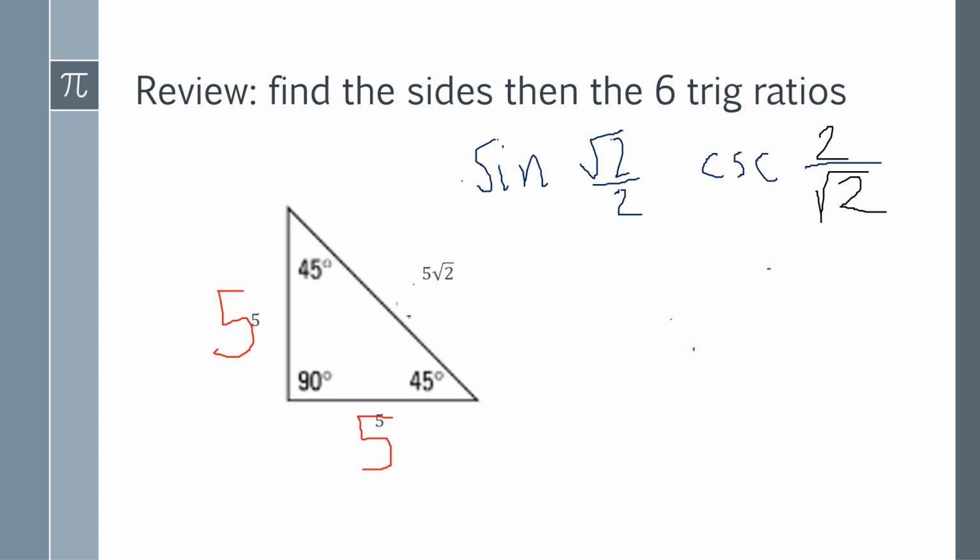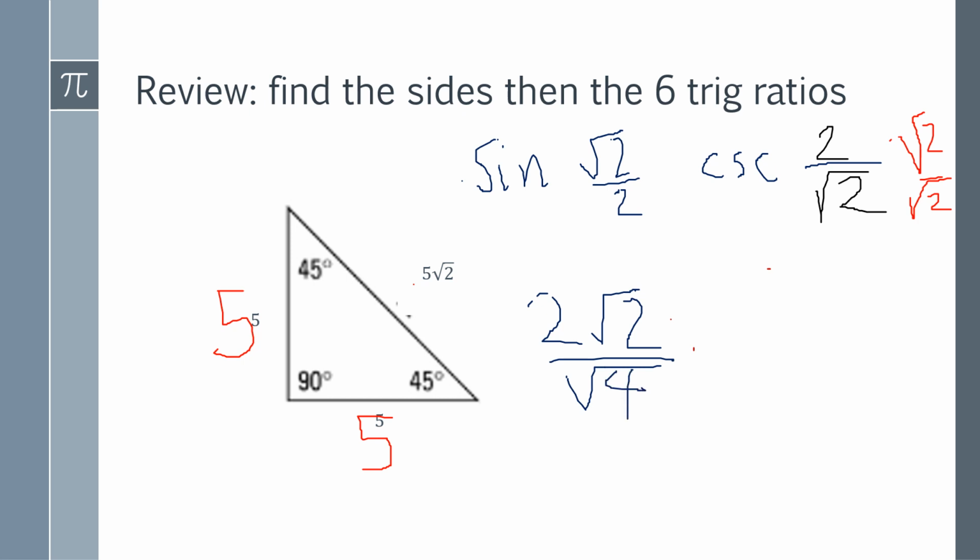So to do that, multiply by the square root of 2 on both of these. And when we do that, we get 2 times square root of 2, and then square root of 2 times square root of 2 is just the square root of 4.